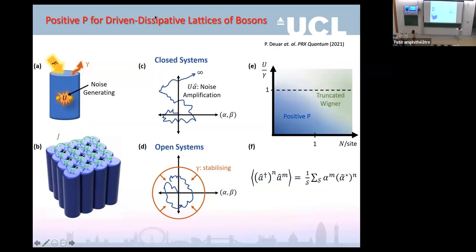So maybe I'll just mention this, because tensor networks I probably won't even touch upon. Basically, the stochastic methods, especially truncated Wigner and positive P, are old. Yes, they were suggested by the cold atom community ages ago, but they were not very practical.